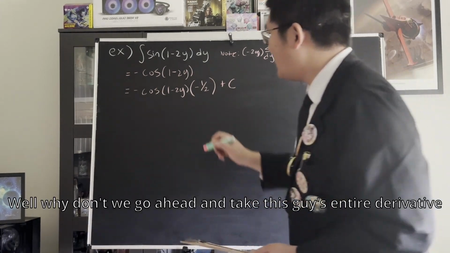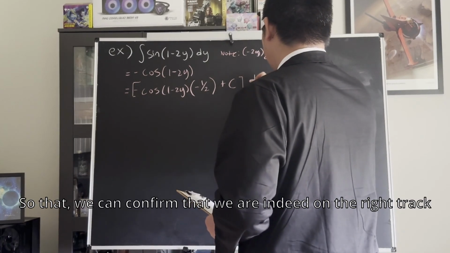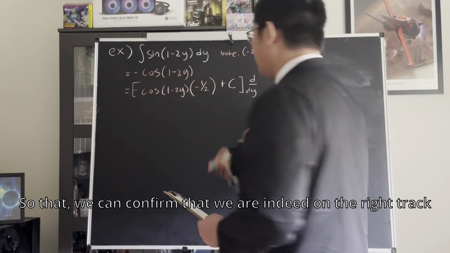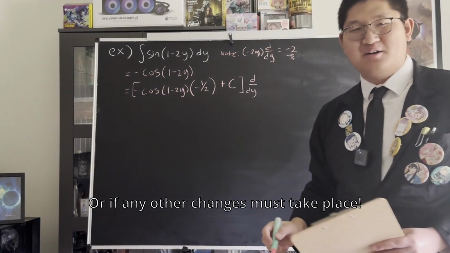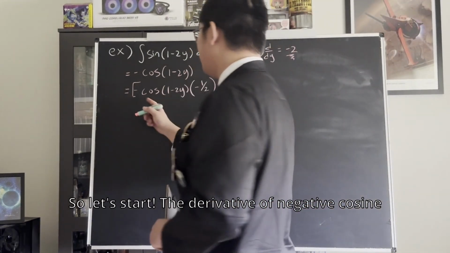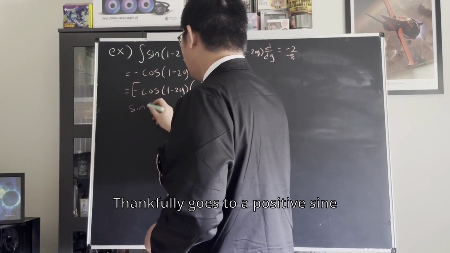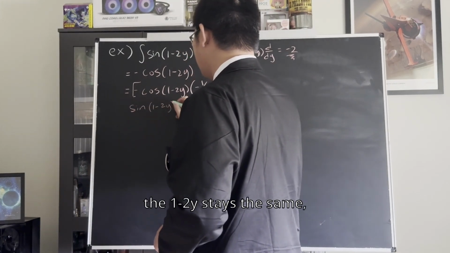But why don't we go ahead and take this guy's entire derivative so that we can confirm that we are indeed on the right track, or if any other changes must take place. So let's start. The derivative of negative cosine, thankfully, goes to a positive sine. The 1 minus 2y stays the same.